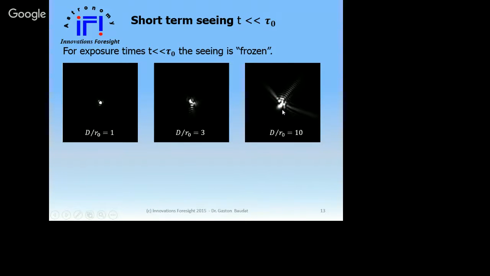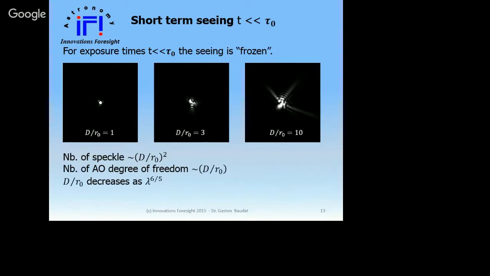The number of speckles you may see in the image is roughly proportional to the ratio D over R0 squared. And if you use adaptive optics, you will need roughly D over R0 degrees of freedom of correction, which means you need to correct the tip-tilt and higher orders depending on this D over R0. Fortunately for us, D over R0 is such that typically tip-tilt will do most of the job.